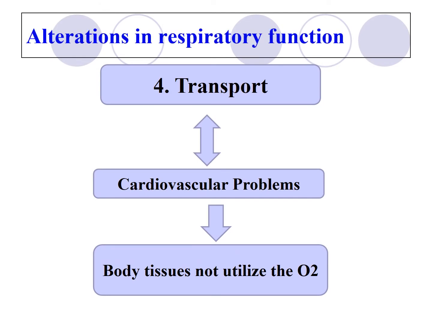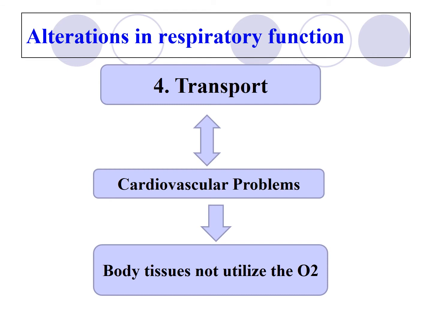In the alteration of respiratory function, we also have the alteration of transport of oxygen. When there is exchange of gases, the oxygen goes to the capillary blood supply in the lung around the alveoli, and goes to the bloodstream to the heart.